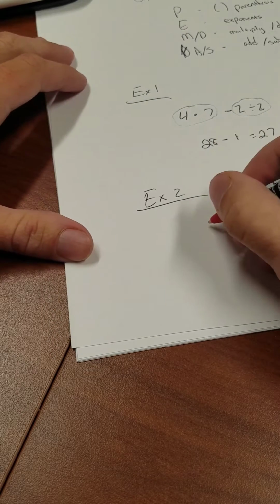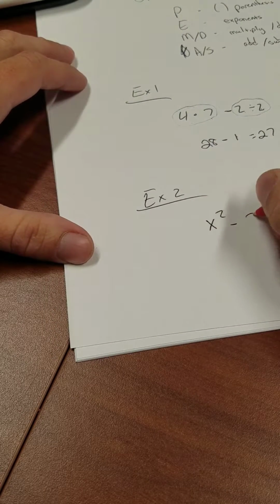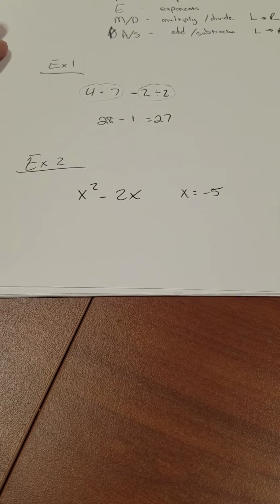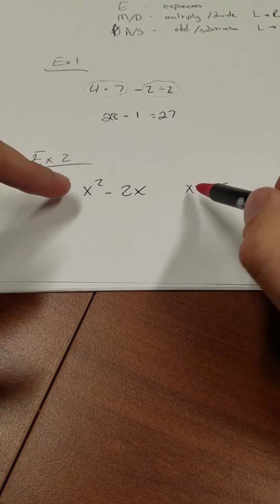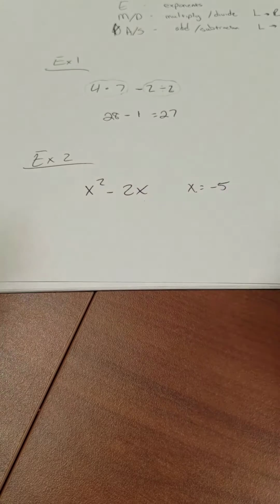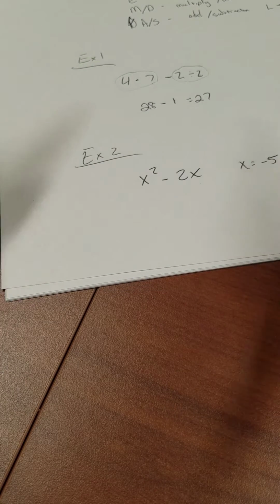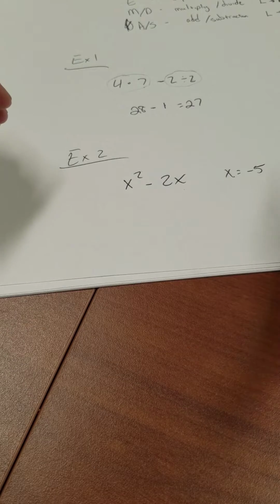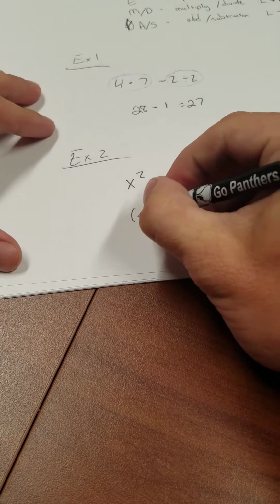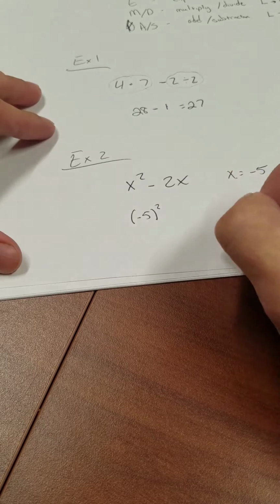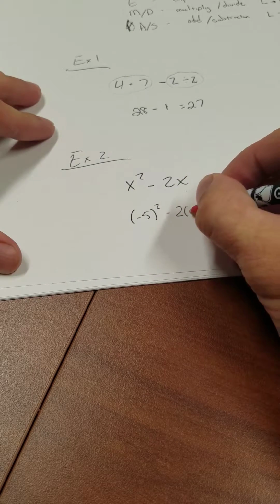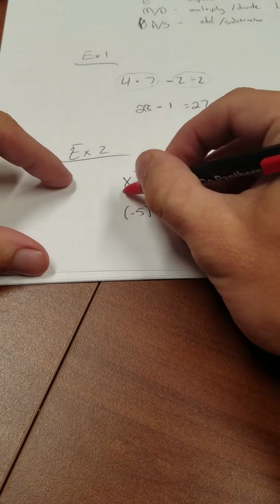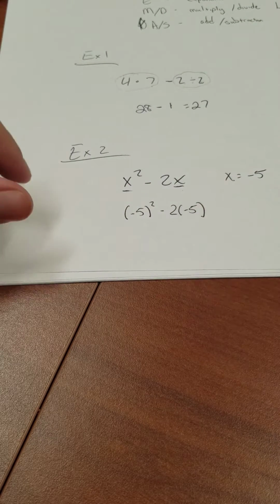Now they're going to start doing something like x squared minus 2x, where x equals negative 5. You're plugging negative 5 in for each one of the x's. But here's the important thing: if I'm plugging something in for a variable, I use parentheses. So I write parentheses negative 5 squared minus 2 times negative 5. Do you see how I replaced the x's with negative 5, but used parentheses?